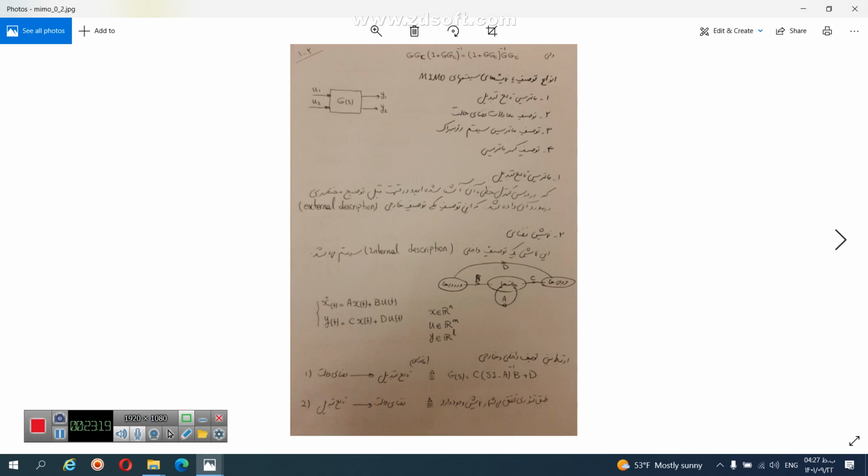There are many representations for MIMO system. The first one is transfer function, which is easy to see. The second one is state variable that you learn in modern control. Yes?